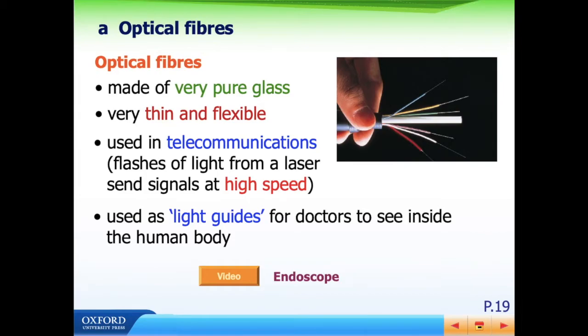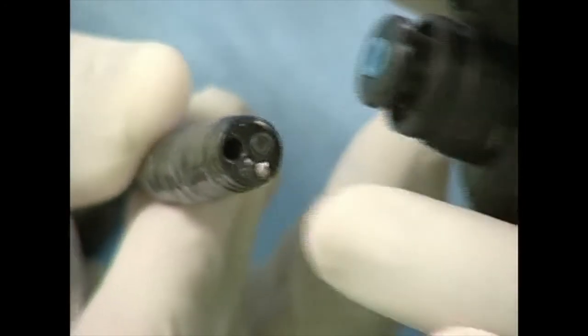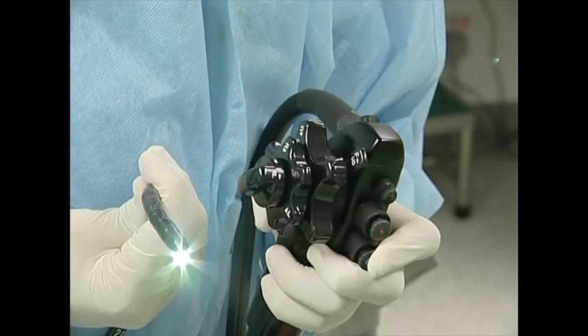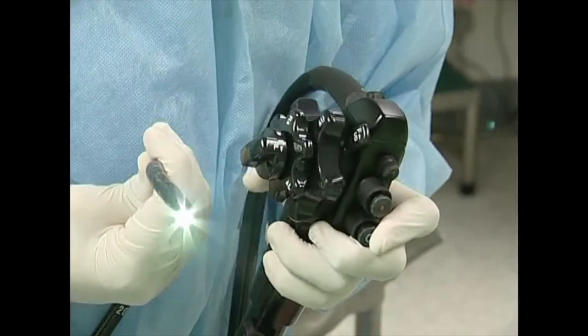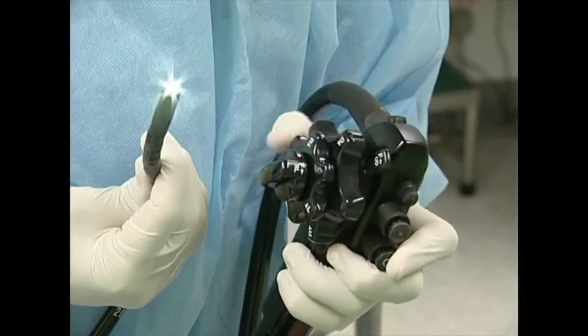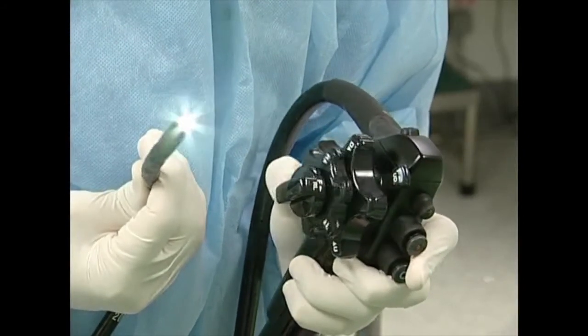To see how doctors make use of optical fiber in diagnosing diseases, I want you to watch this video clip entitled Endoscope. An endoscope consists of an optical fiber cable with a small light source and a video camera at one end. The cable is flexible and can be inserted into the human body to enable the doctor to examine internal organs.